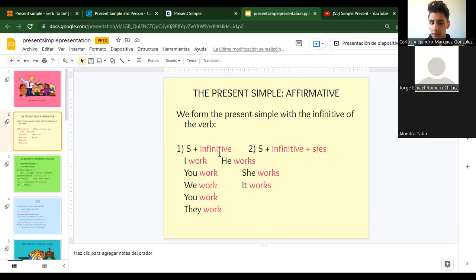To write sentences in present simple, first we place the subject pronoun, and then we place the verb in infinitive. What is the verb in infinitive? The verb in infinitive is the verb which is not conjugated, which is in its original form. For example, I work, you work, we work, they work.